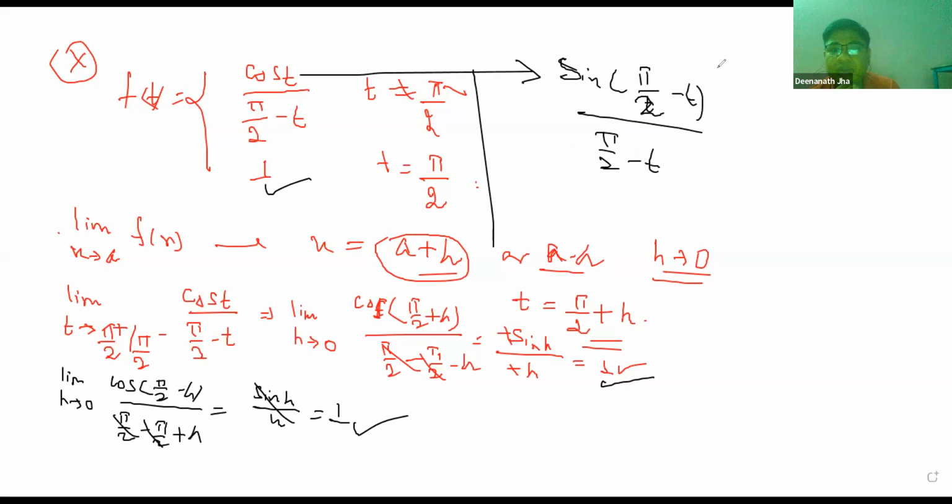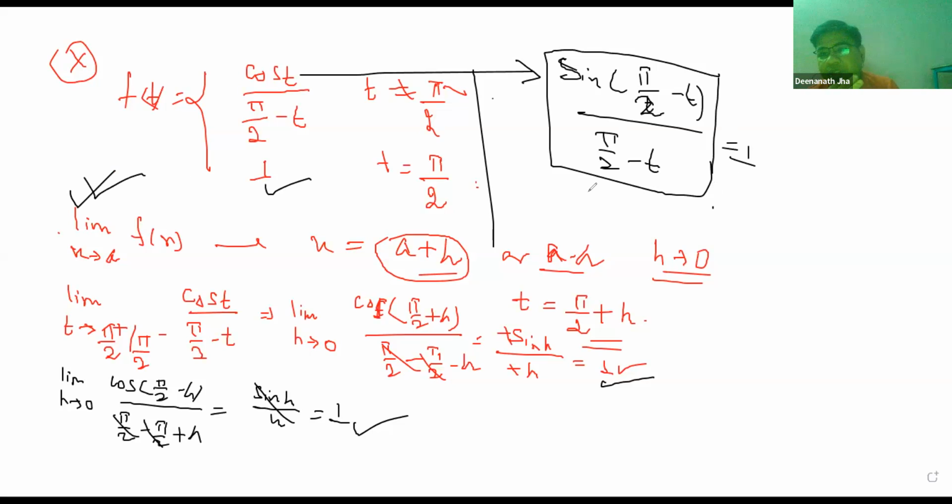Can you tell me it will be 1 or not? Yes, sir, it will be 1. This is the shortest method, but you have to write from here to here in the board examination. This is just for knowledge. So this is a continuous function at x is equal to pi by 2. Okay, got it?